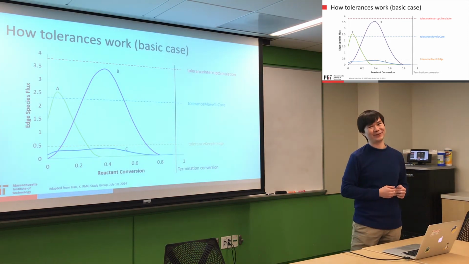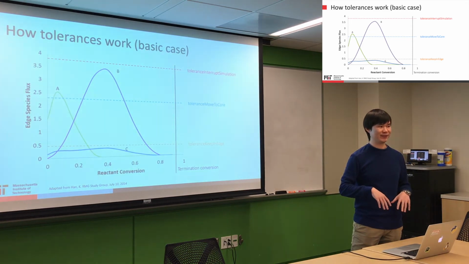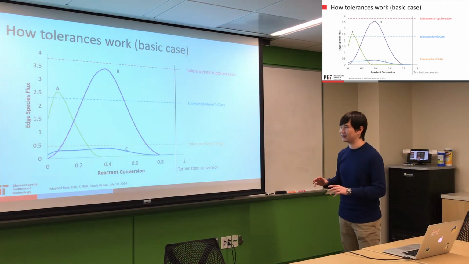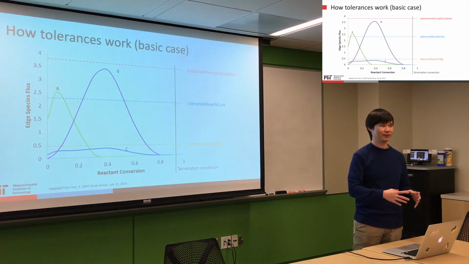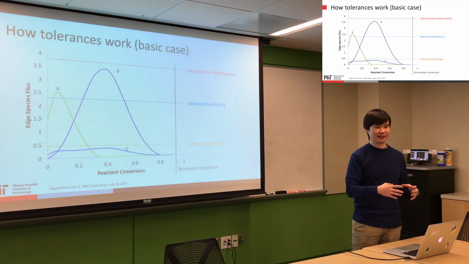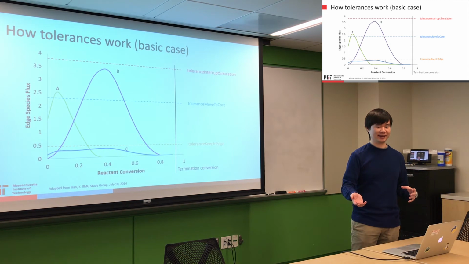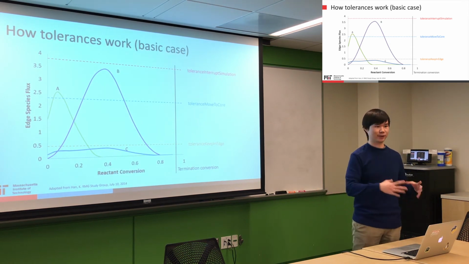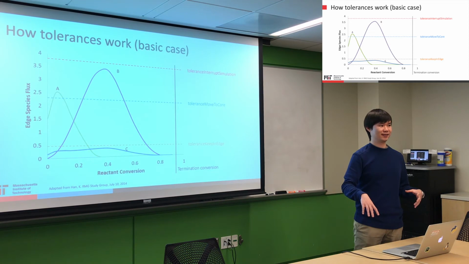I don't really know how that will work within our current framework, because we only simulate the core, and then we evaluate the edge fluxes by taking core concentrations multiplied by the edge reaction rate. So we don't know the concentrations of the edge species.